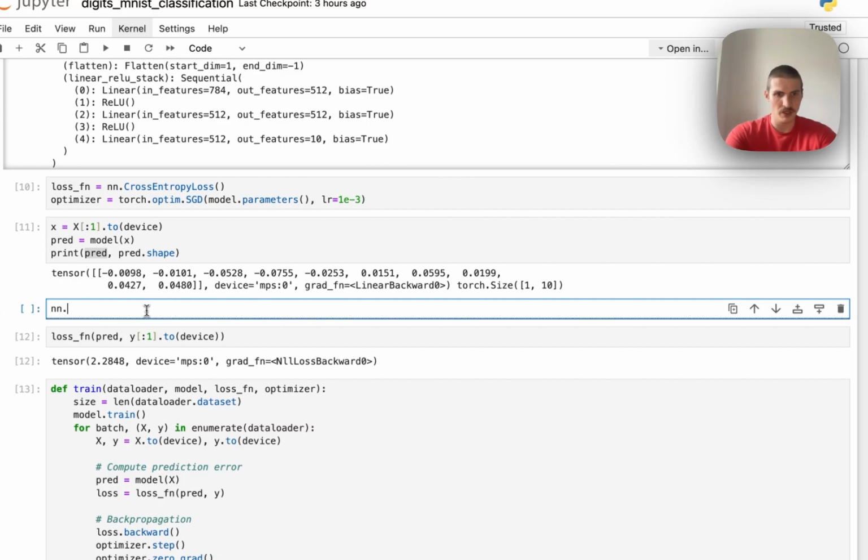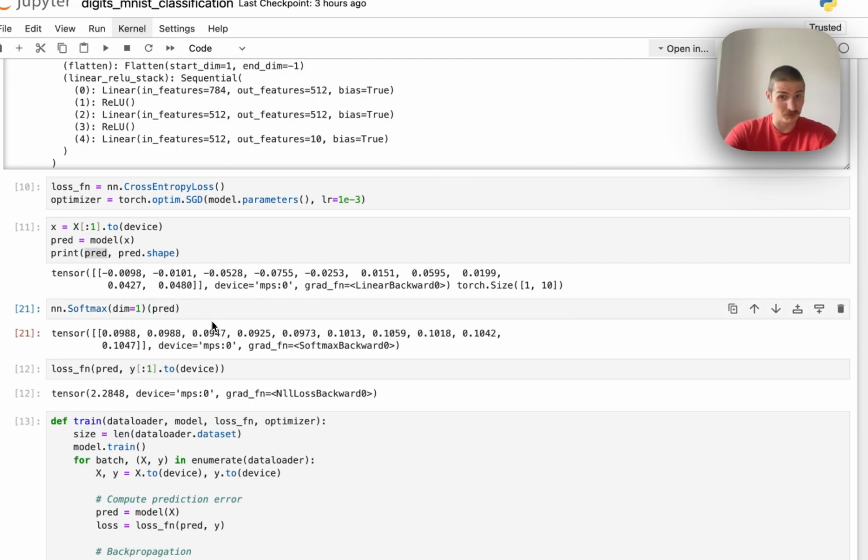And now if we take softmax of that, we get probabilities. And now these probabilities are all close to 10%, which basically corresponds to random guessing on one of 10 digits, right?